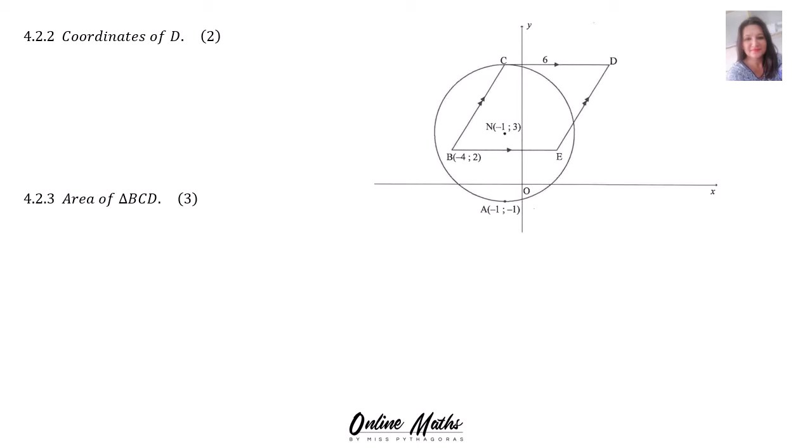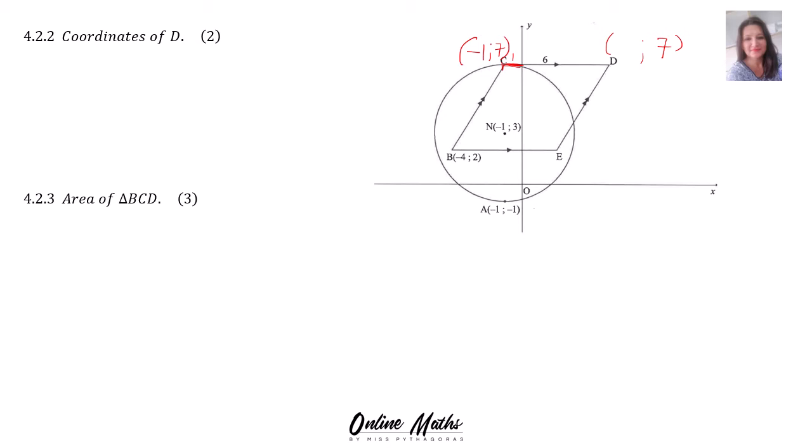4.2, the coordinates of D. So what we know is that the coordinates of C is the point (-1, 7). Therefore, at D, the y-coordinate will also be 7. That's not a problem. And then also at C, the x-coordinate is -1, but therefore this distance is 1 unit.